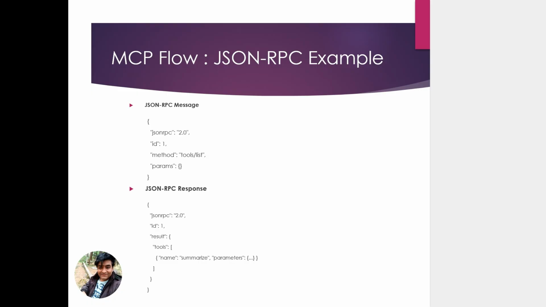And this RPC message has the response as below, using JSON RPC 2.0, ID 1, and then it returns the response that, based on the prompt, the JSON RPC message identified the tool called summarize. We have executed the text summarizer. So in this case, the summarize tool was identified and the parameters were associated with it.